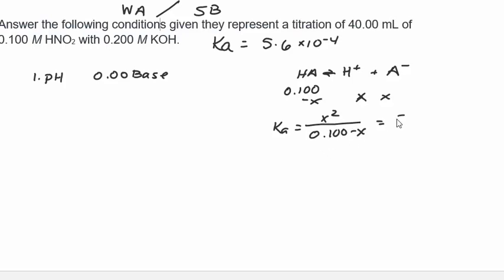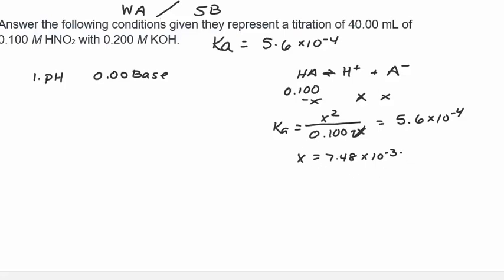Now because the Ka is fairly close to my original concentration, I'm going to simplify. I'm actually going to work this both ways, and I'm going to show you that in this case, we're very close to the 5% rule, and we actually end up with a pH that's within the margin of error. So I am going to simplify here, and I end up finding that x is equal to 7.48 times 10 to the negative 3.